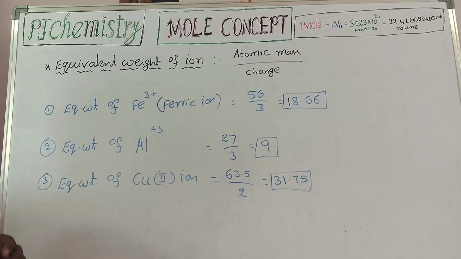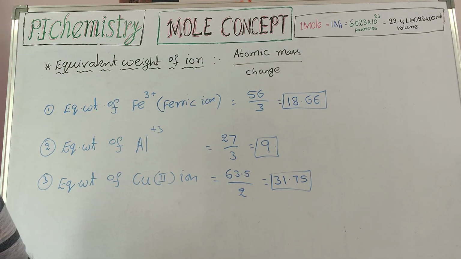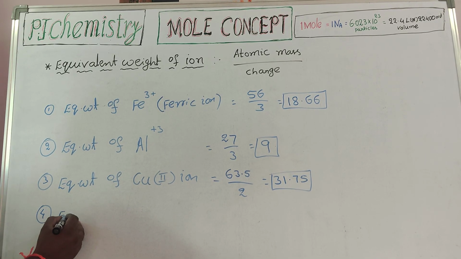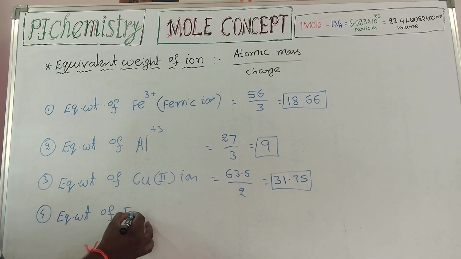Like this, if they give ions, this is the way to find the equivalent weight: their atomic mass by the particular charge. Now find the equivalent weight of the ferrous ion.